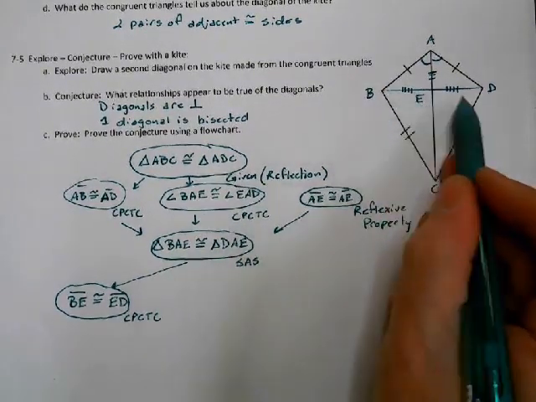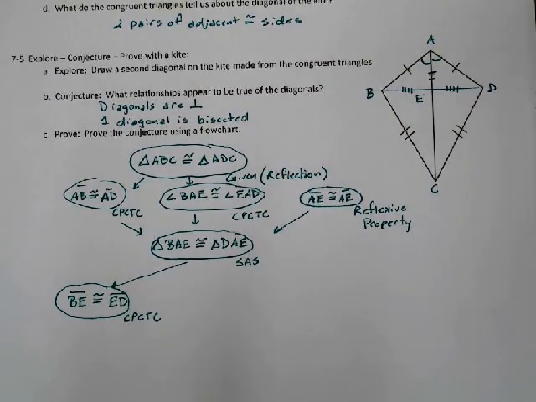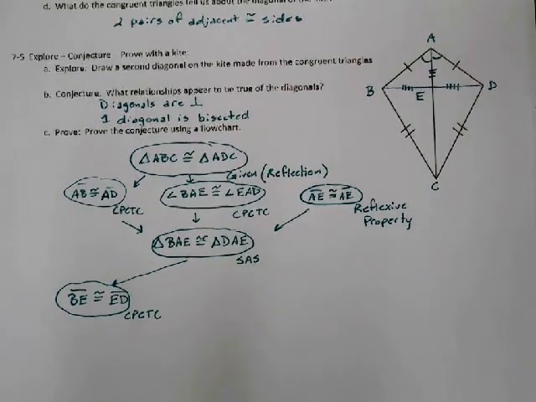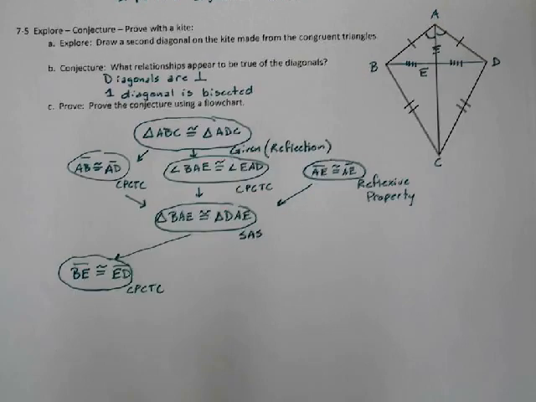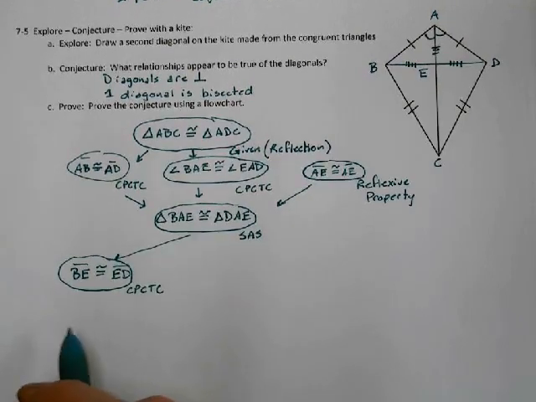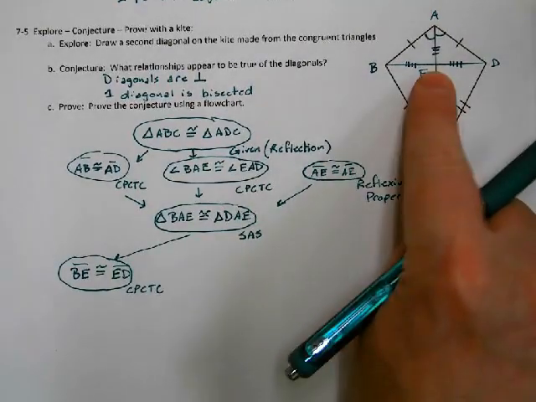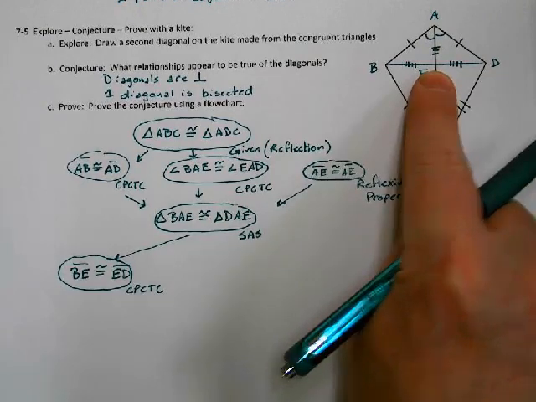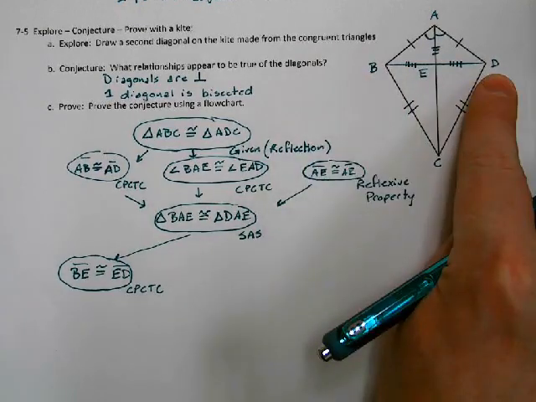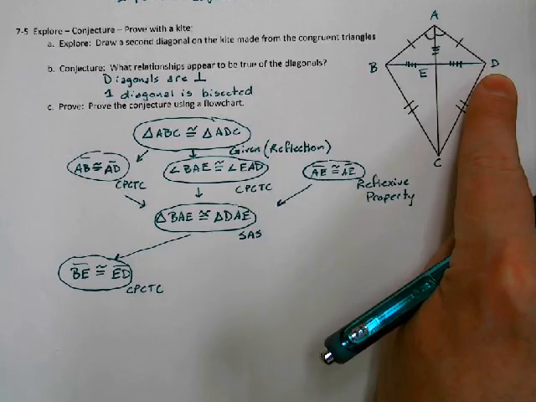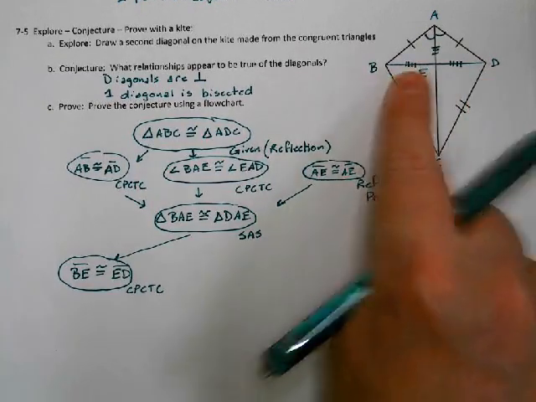All right. Now, since those two parts are congruent, that means E is the midpoint of BD, because that's the definition of a midpoint. A midpoint splits a segment into two congruent parts. These are two congruent parts.